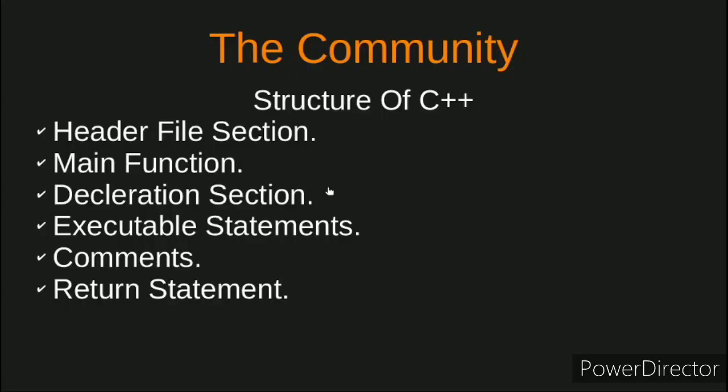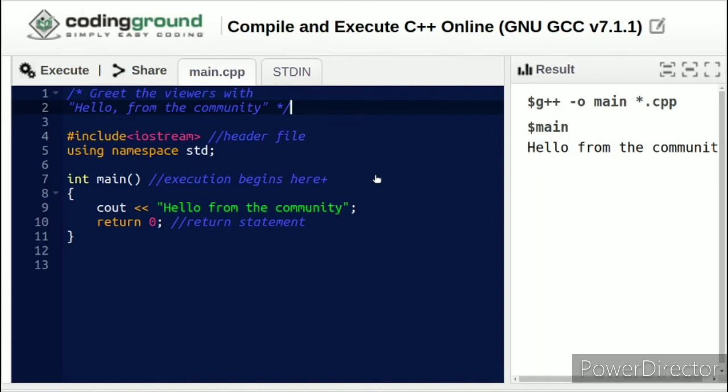We make use of semicolons in the declaration section, the executable statements, and the return statement. For the header section and main function, we don't make use of a semicolon. Semicolons are an indication for the compiler, telling the compiler to execute the statement before the semicolon.